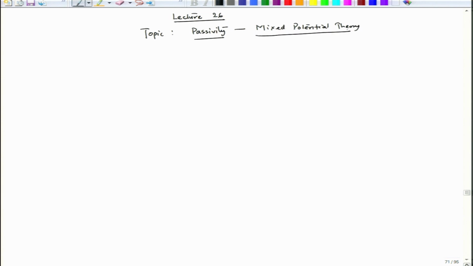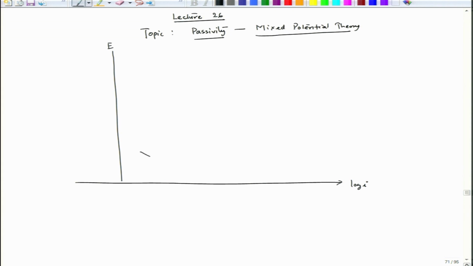If we try to see the discussion we had in our last lecture, this is the diagram we have drawn. We have seen that this zone is the passive zone.